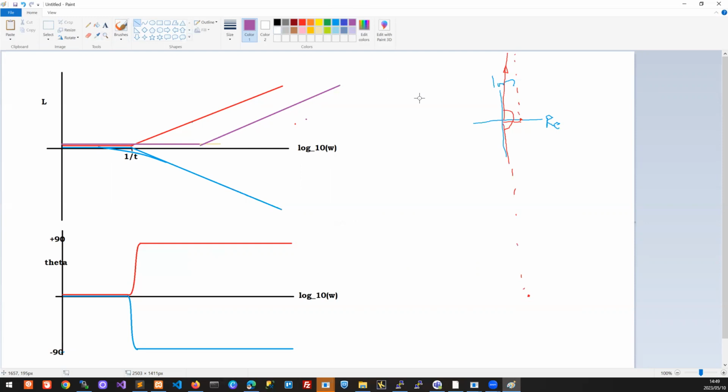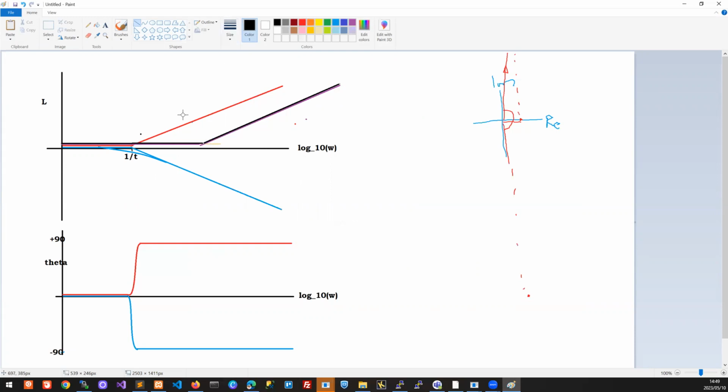So overall, the net result would be 0 up to this point. Then in this region, we have the plus 20 canceling with the minus 20. So we would continue on 0 here, and then we would get the contribution from here. So we actually have following off this remaining term.